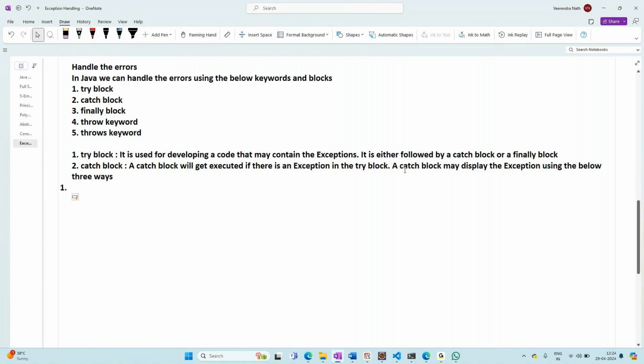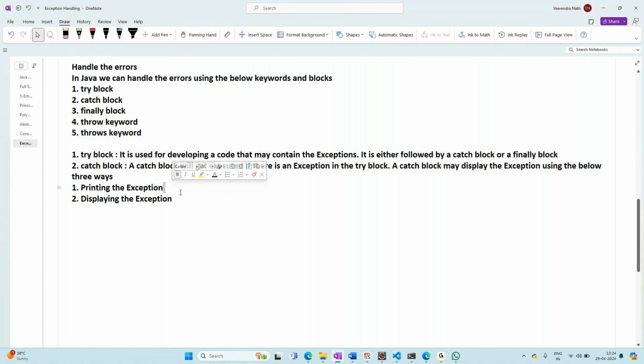First one, printing the exception. Second one, displaying the exception.